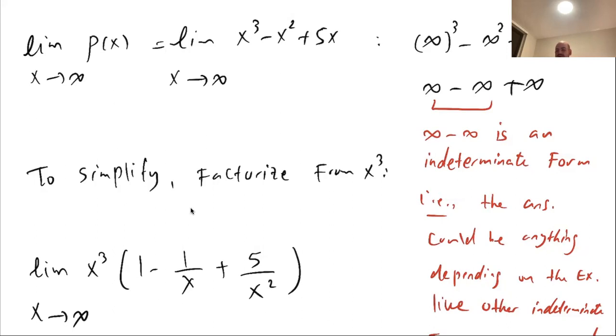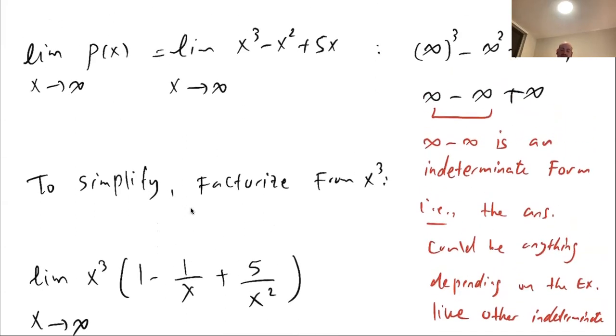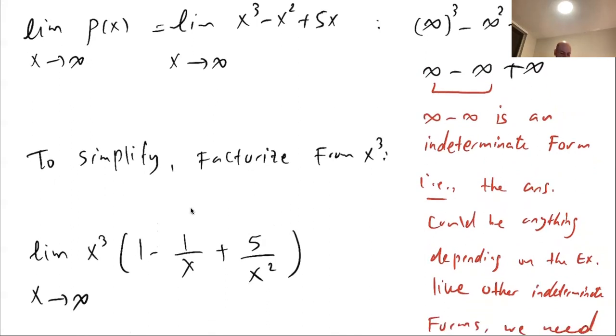So that's why we say potentially it could be anything. The answer could be 1, it could be infinity, it could be minus infinity, or 1 million minus 1 million is just 0, right? So the answer could be 0 as well, potentially. When you say very large number minus very large number, it depends how large the first number is compared to the second number. Are they equally large, or is the first number larger? Then the answer could be different.